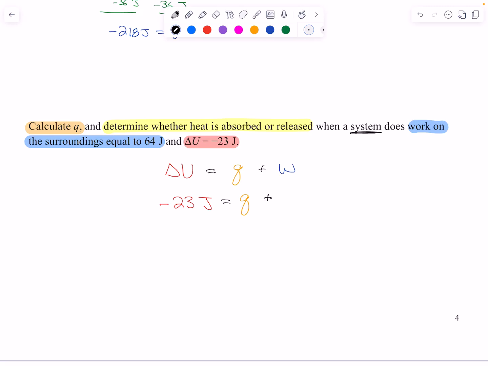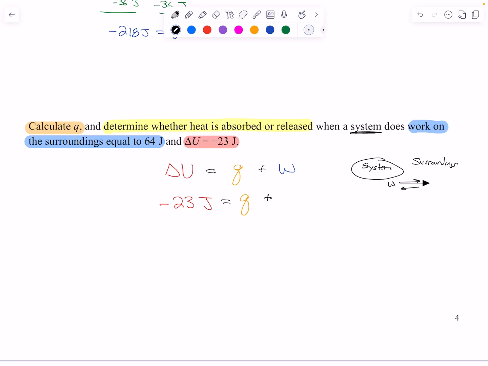So what does that mean? If I have a system, I have surroundings. If the system does work on the surroundings, that means that the system is doing work, so W would be 64 joules, but is it going out or is it coming in? That's the question. Now, since we're doing work on the surroundings, the work is going out, right?